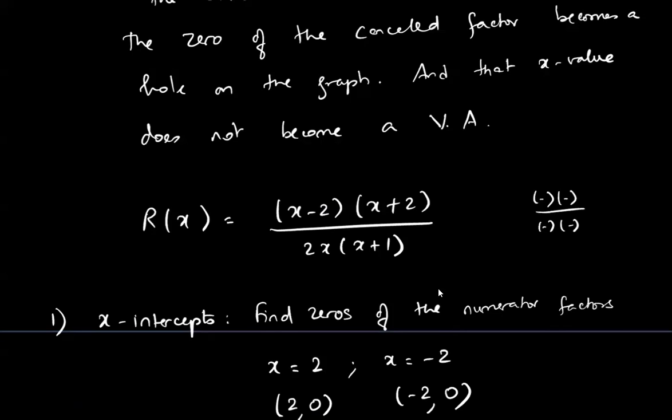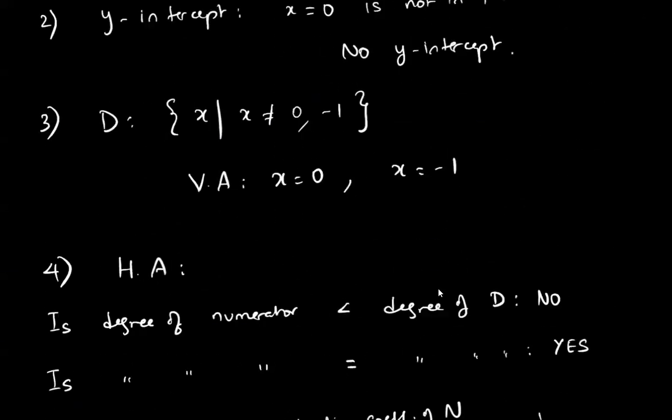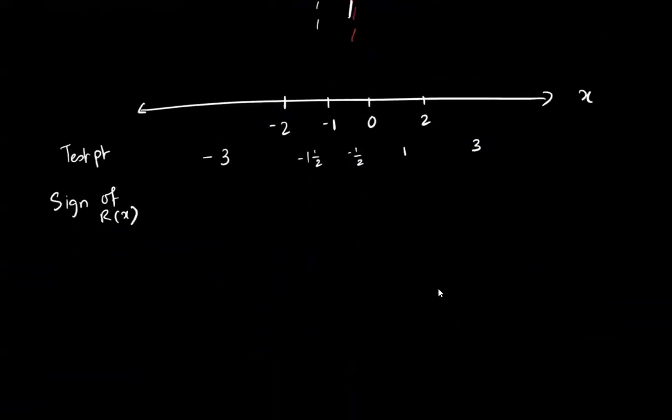So if you look at all of this, all the negatives cancel out and this becomes a positive. This is the first number that we picked. So for this first number, our overall sign of the function is positive.